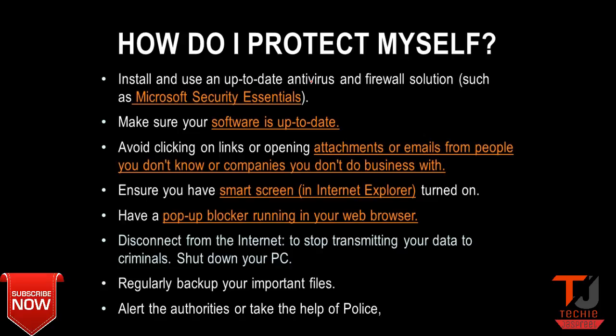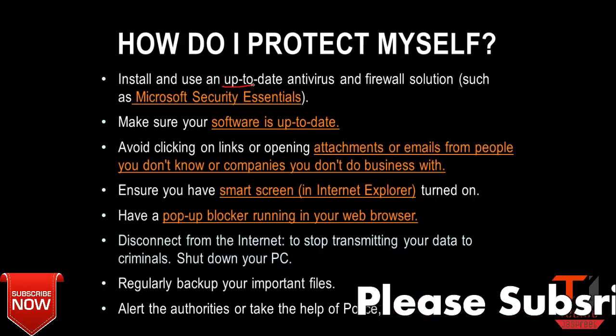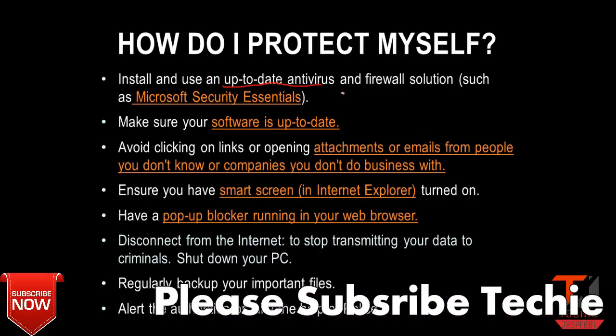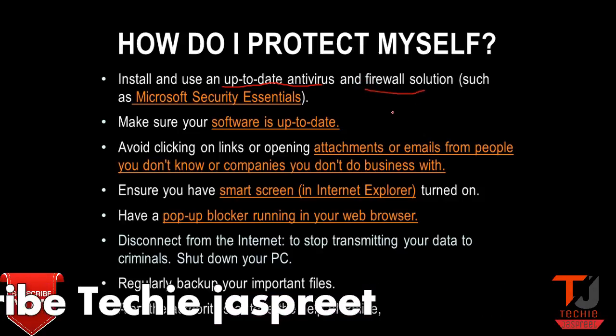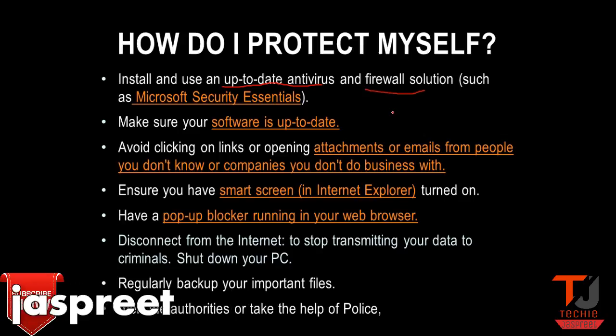So if we have an up-to-date antivirus, then we don't face any type of problems. This is the first thing, we need an up-to-date antivirus, and also we need a firewall. So if we come under any ransomware attack, then the firewall will stop it from any access to our PC.